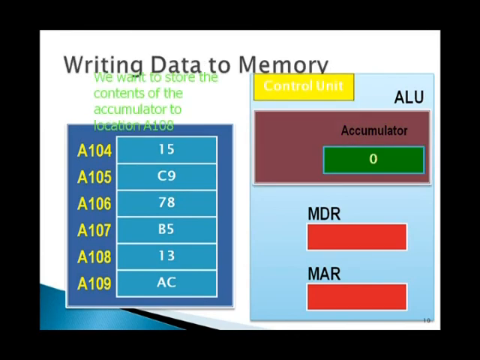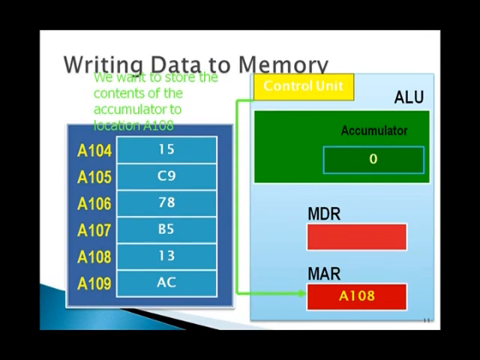Let's go back to our example. We wanted to store number 0 in a variable called I. So number 0 is stored in the accumulator first. Then the MAR register stores a variable name, that is the address of a memory location.